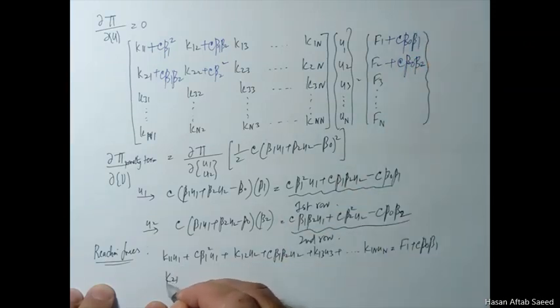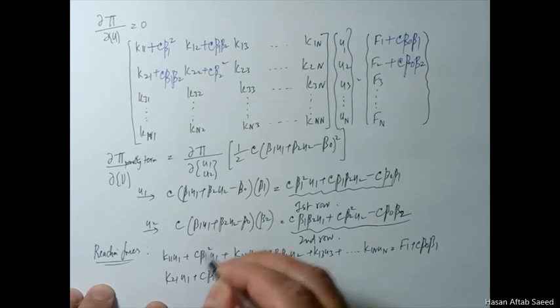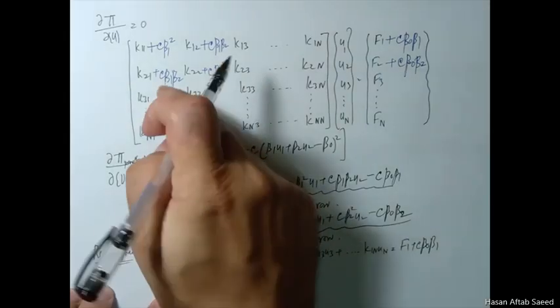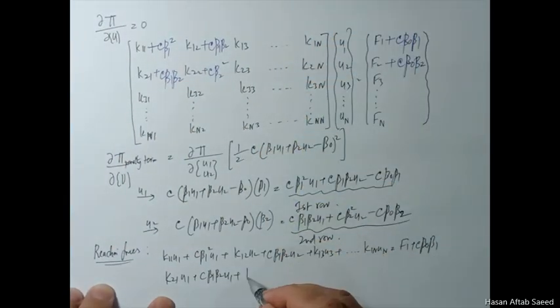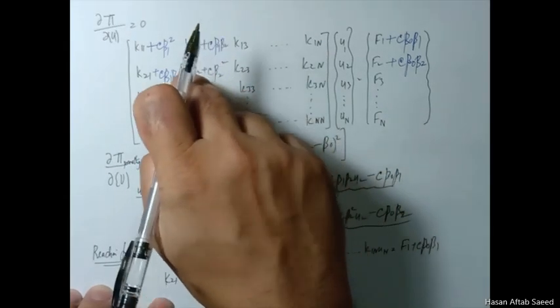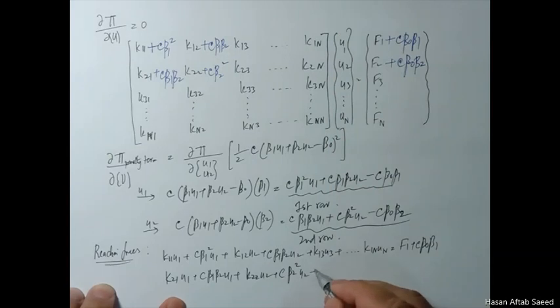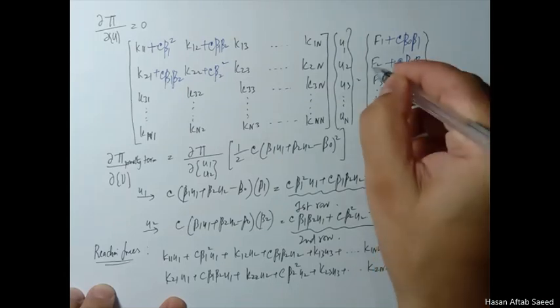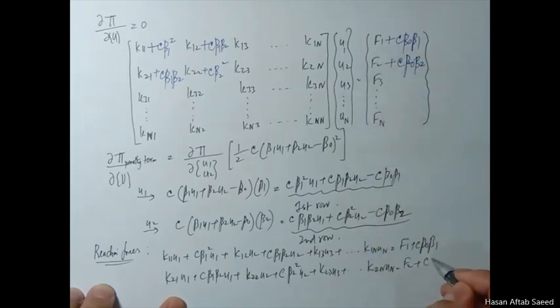Second equation: k21 u1 plus c beta 1 beta 2 multiplied with u1, plus k22 u2 plus c beta 2 square u2, plus k23 u3 all the way to k2n un is equal to f2 plus c beta naught beta 2.